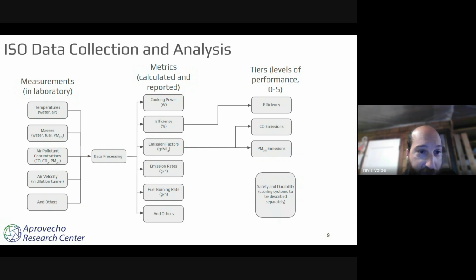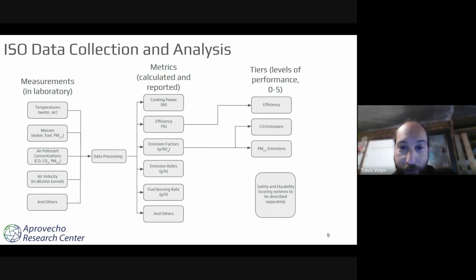We measure the masses of the water and the fuel, as well as the mass of the PM 2.5 that gets collected on a filter. We'll be measuring the air pollutant concentrations of carbon monoxide, carbon dioxide, and PM 2.5. We measure the air velocity inside of our dilution tunnel, and a few other measurements are going to be collected as well.